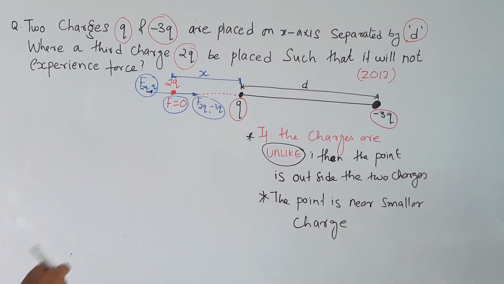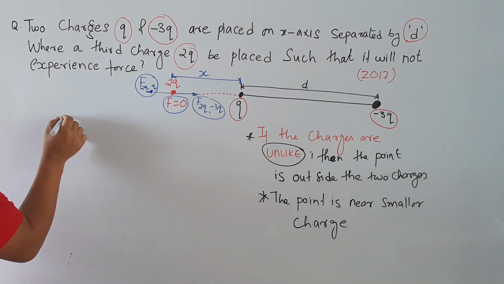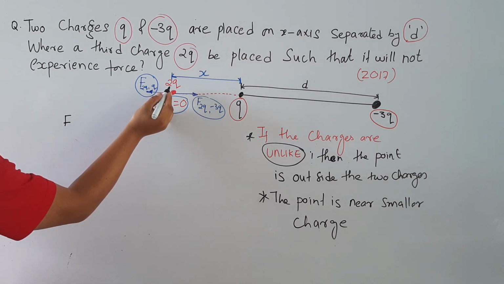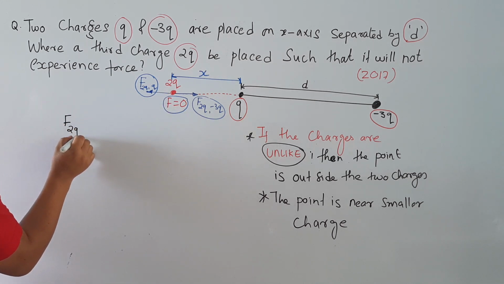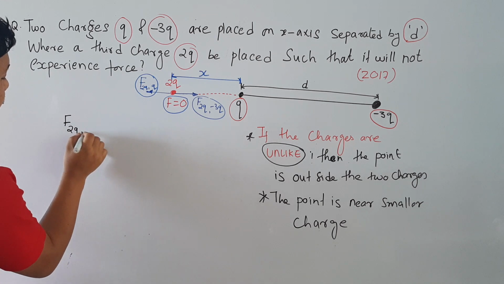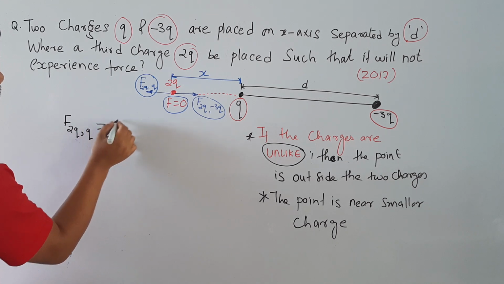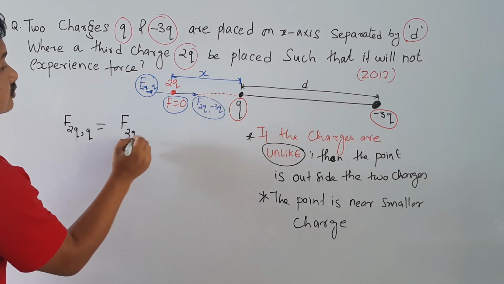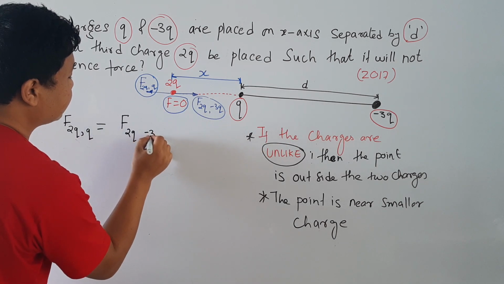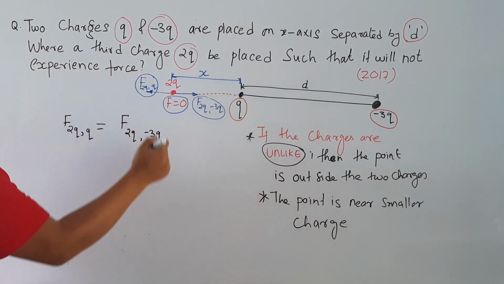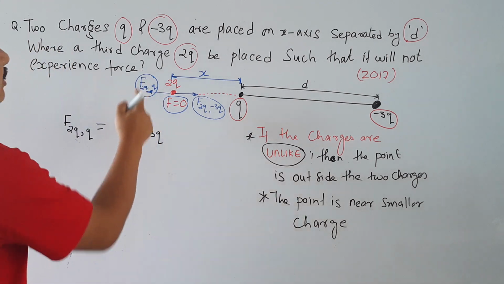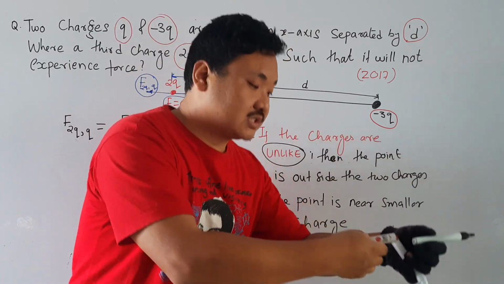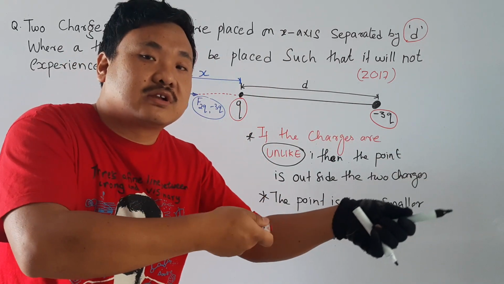So what we need to write is: force on 2q due to q should be equal to force on 2q due to minus 3q. Only at this point will the force be 0, because one force is going that side and the other force is pulling this side.